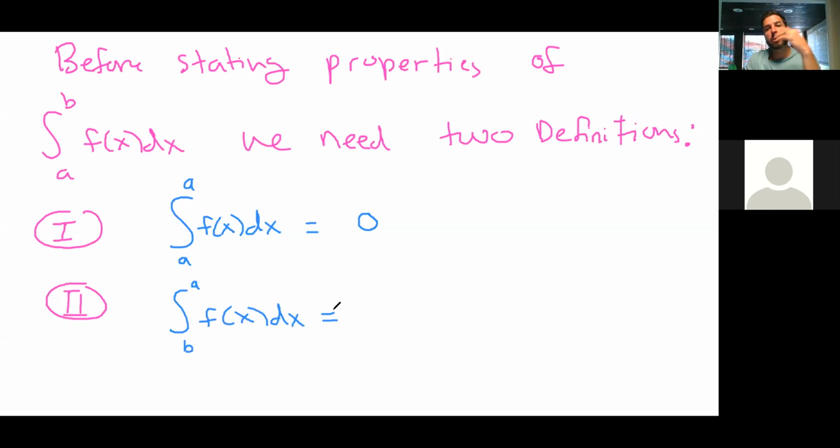If I want to integrate from b to a as opposed to a to b, that means I'm going the opposite direction. And if you worked out the math, the only logical thing to do would be to take the standard integral that we already defined and throw a minus sign in front.